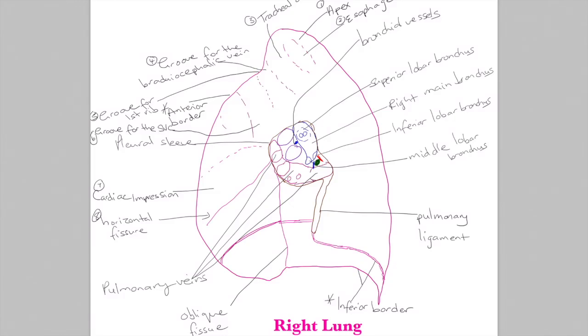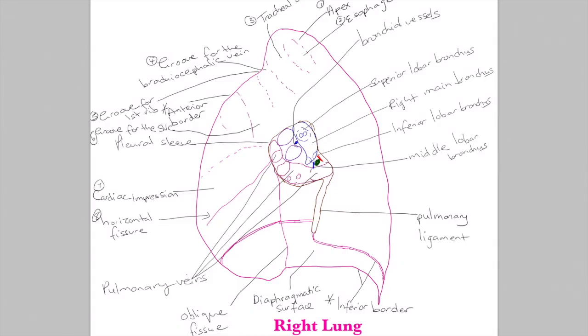Okay, and we have the diaphragmatic surface. That's what I was trying to distinguish from the rest of the upper area. This is the diaphragmatic surface.